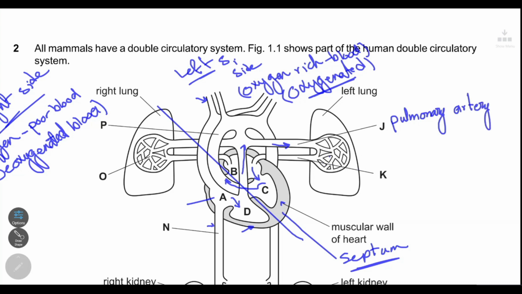K is, after the blood is oxygenated, or the gas exchange occurred in the lung, the blood will be returned back to the heart via the pulmonary vein. So this is the pulmonary vein.